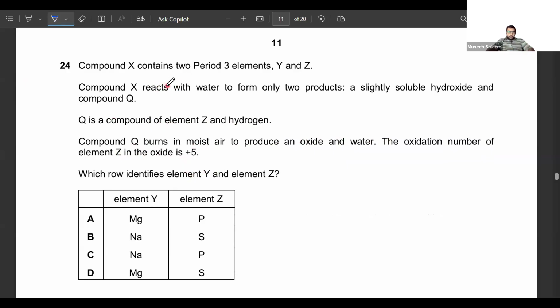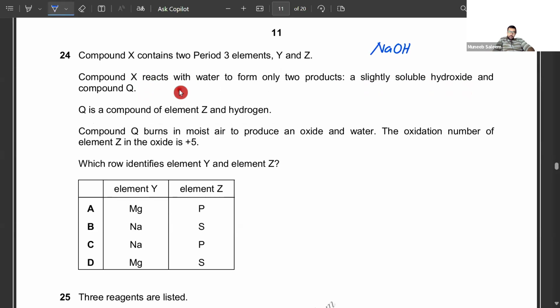All right, now starting the identification from the given statements, compound X reacts with water to form only two products, a slightly soluble hydroxide and compound Q. Now the given options include a metallic element as element Y. So if we look at the soluble hydroxide, it can only be sodium hydroxide versus magnesium hydroxide.